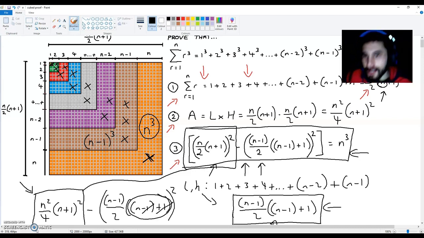And a pattern is starting to emerge. We see the length over here as n, and we see that the area shaded in orange is n cubed. We see a length over here of n-1, and we see that the area shaded in brown is equal to (n-1) cubed.